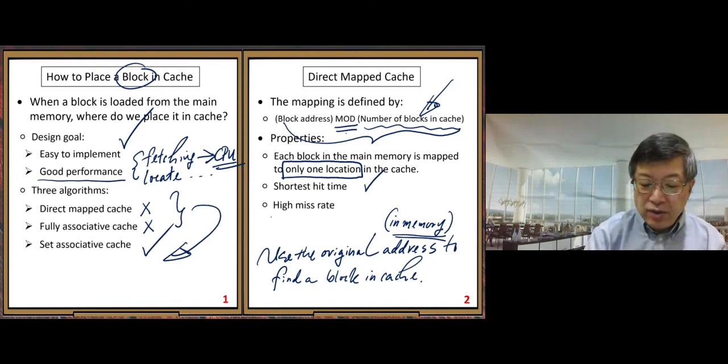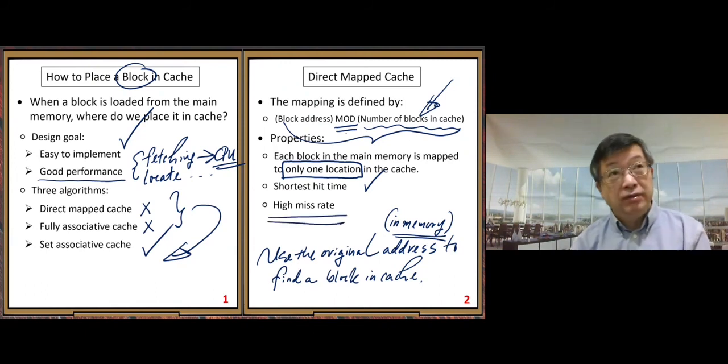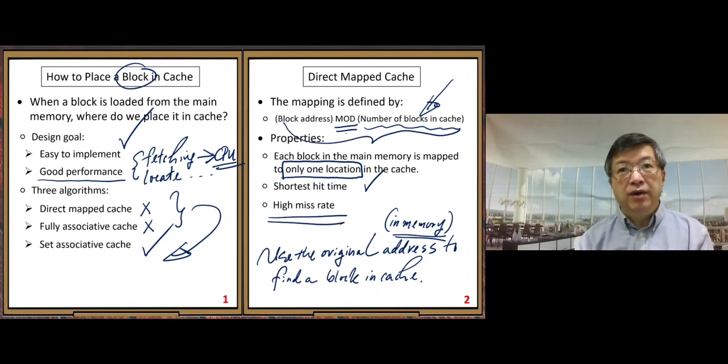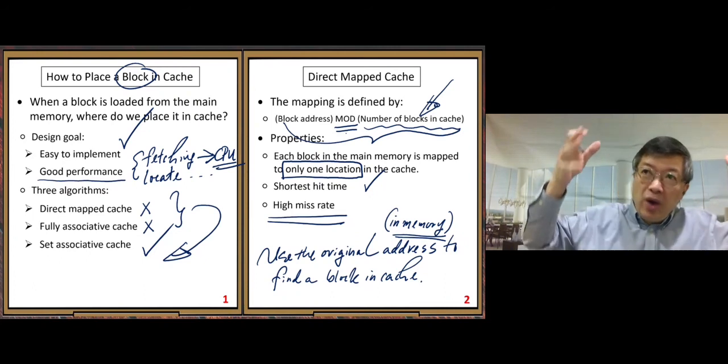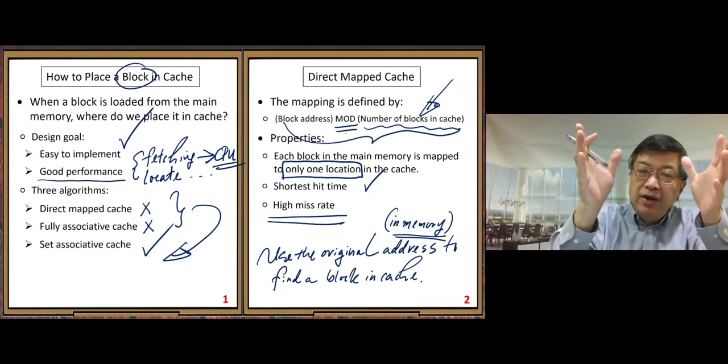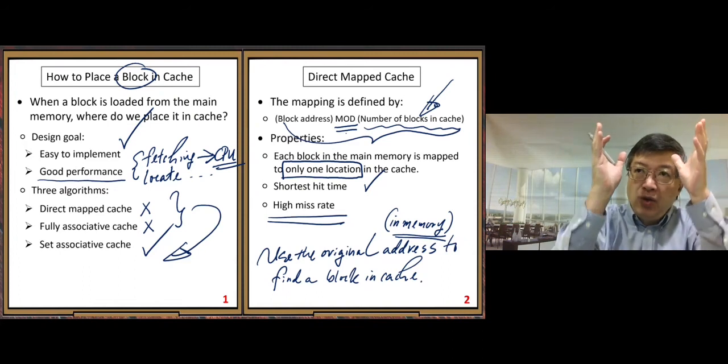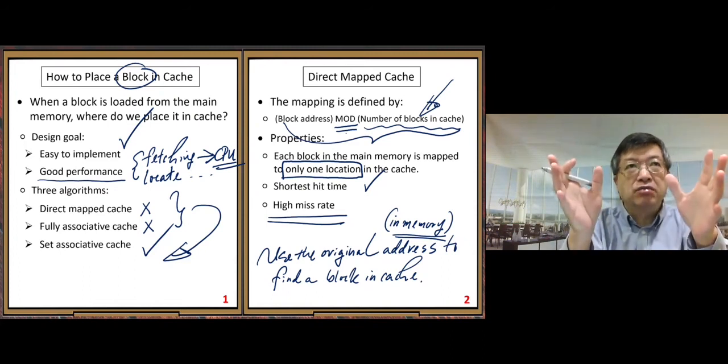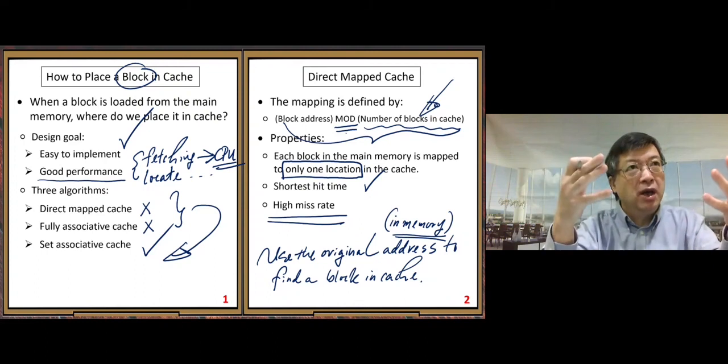All right, so next, the disadvantage: high miss rate. What is the high miss rate? First, the miss rate concept. In our part A, we learned this miss rate concept. That is when you need to find required data in the cache and you couldn't find it, you get a miss.